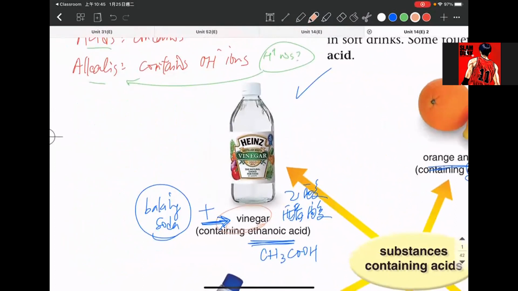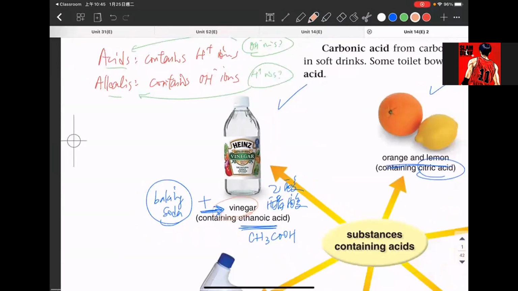Of course, you may use some commercial drainage cleaner, but this is a very corrosive, concentrated alkaline. Have you ever heard of caustic soda? Caustic. So it is alkaline. We would use those chemicals to help clear the blockage of the drainage pipe. Any questions?